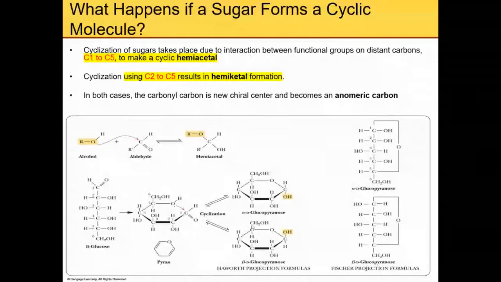And the alpha D, all right? D is because this chiral center, number 5 carbon here, the hydroxy group is on the right, so it's a D glucose, all right? D glucose.